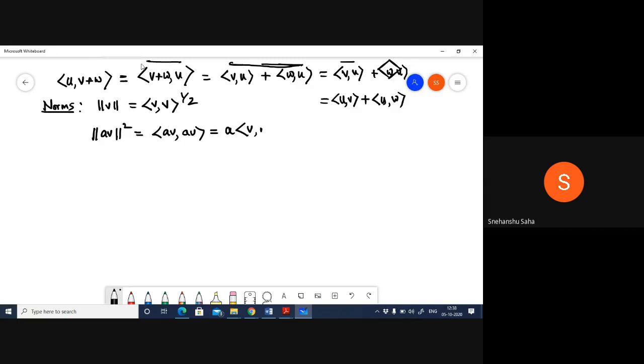And then when you take the scalar out of the second component, it has to come out with its complex conjugate. However, since you are dealing with scalars here, you can write it as this, and this is nothing but the norm of v squared.